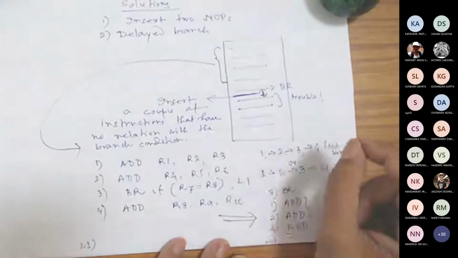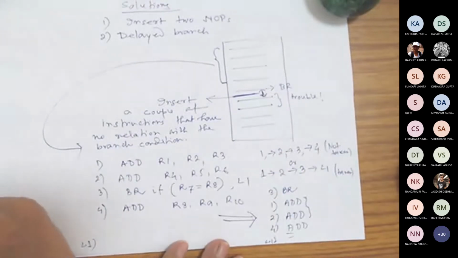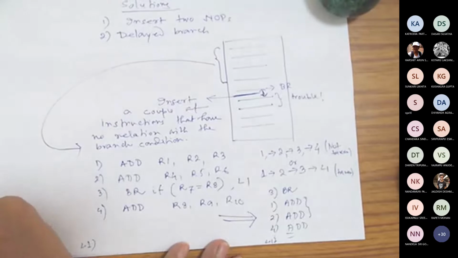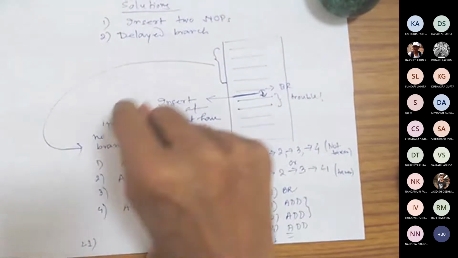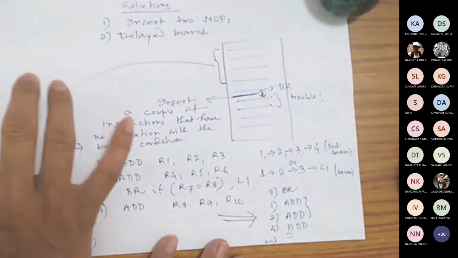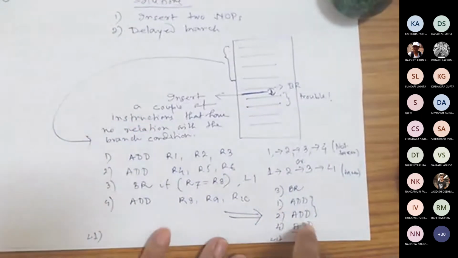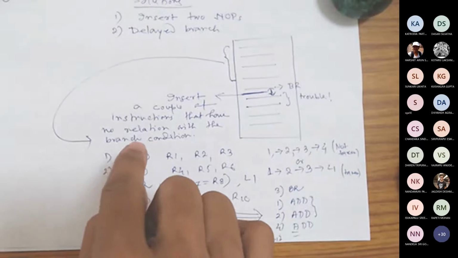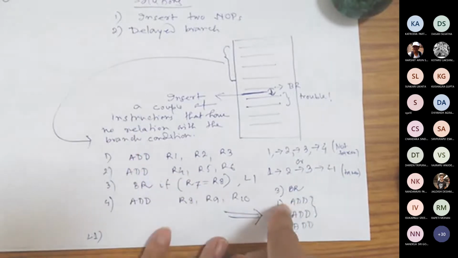So there has to be a trade-off. But if it happens in a loop, you can understand that we can probably save a lot of time. And this obviously violates the in-order pipeline. It's out-of-order execution.